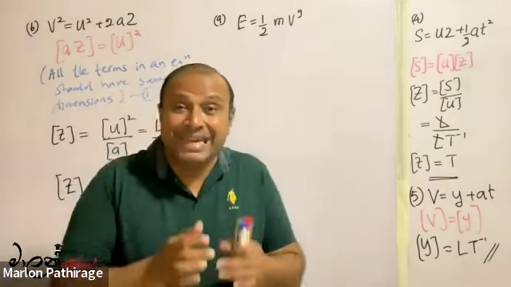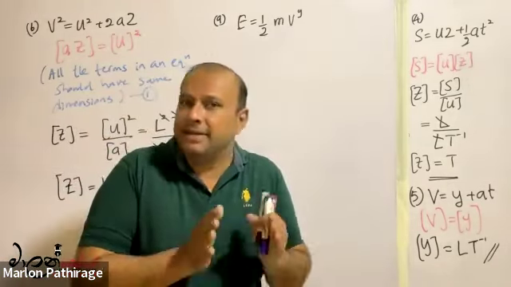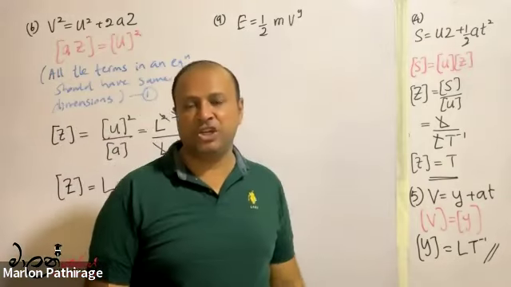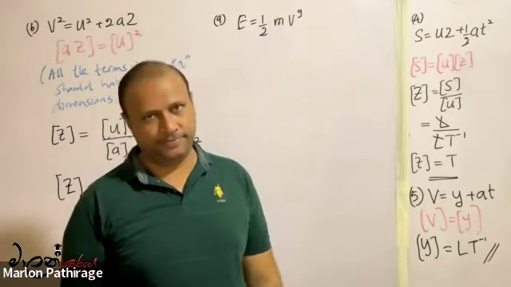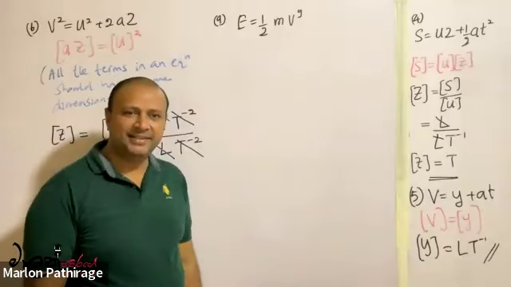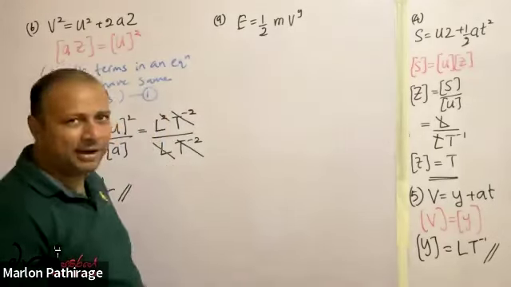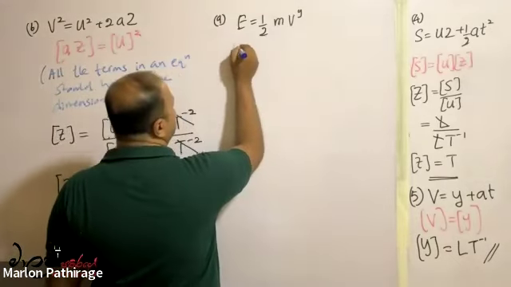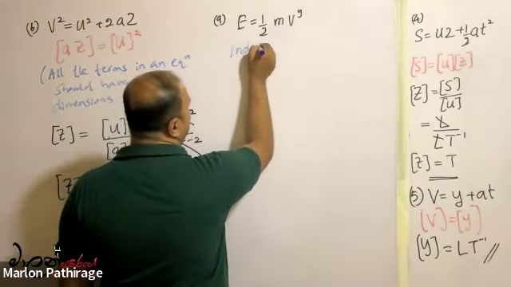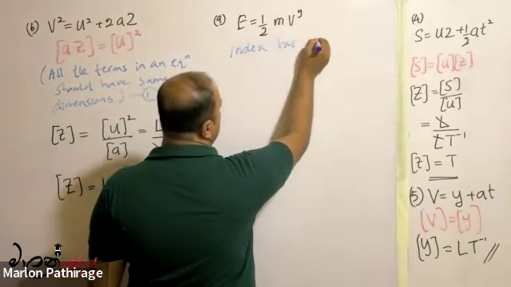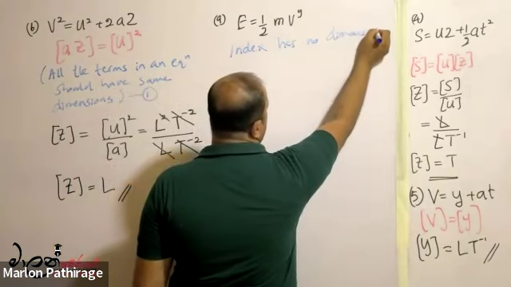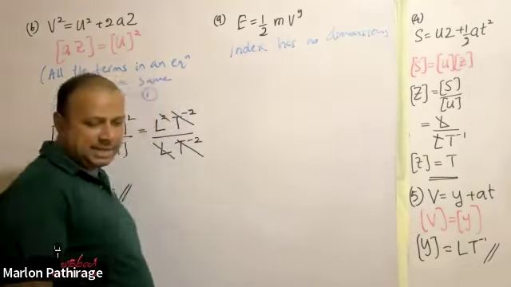What is the argument? Index has no dimension as it is a number. Now, we can write that argument: index has no dimension.